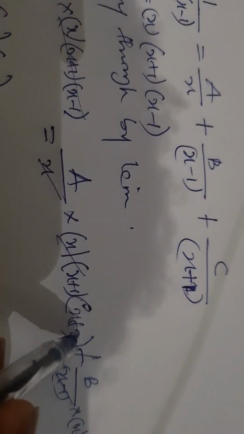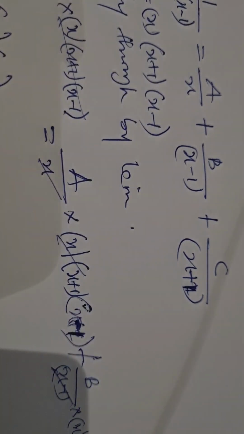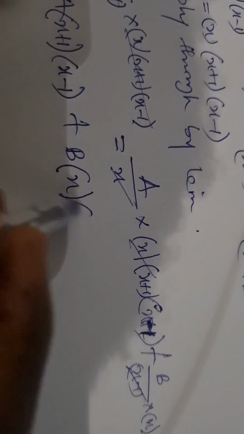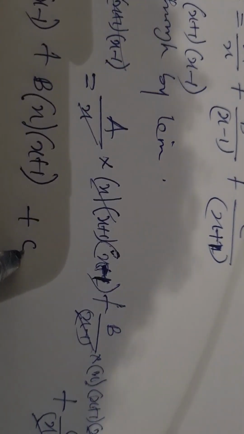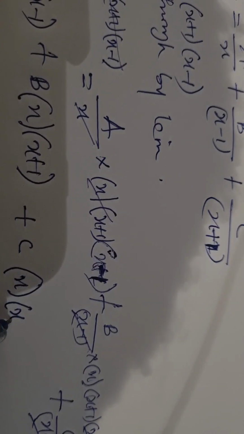I'm very sorry, this is x minus 1. Alright? So, plus b into x multiplied by x plus 1 plus c into x multiplied by x minus 1.